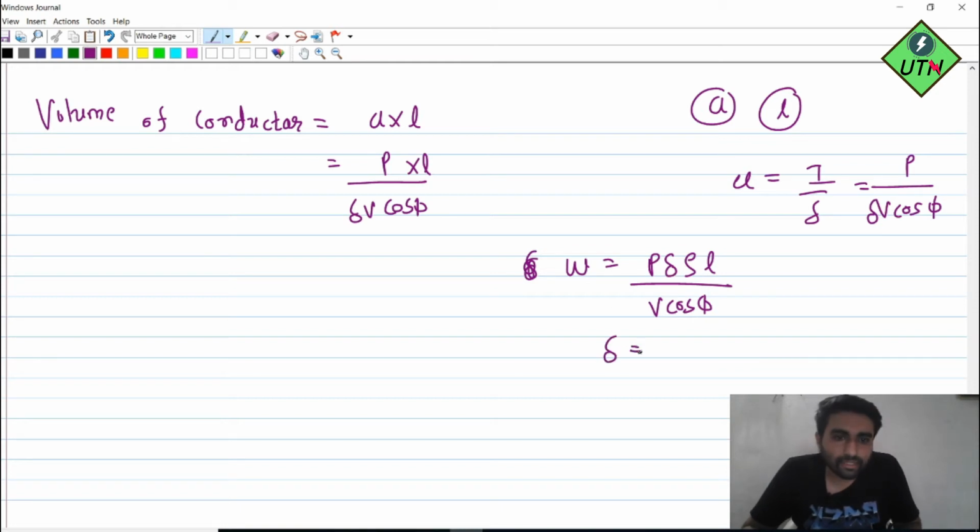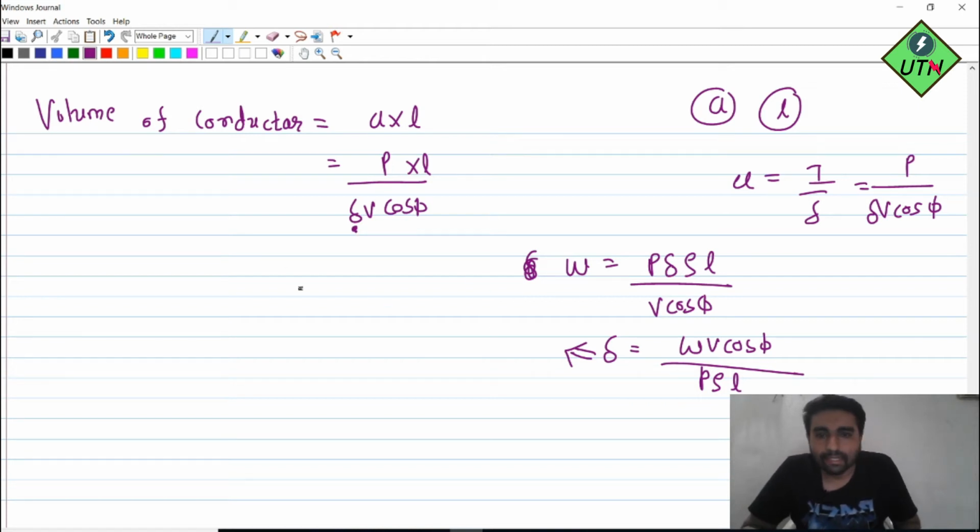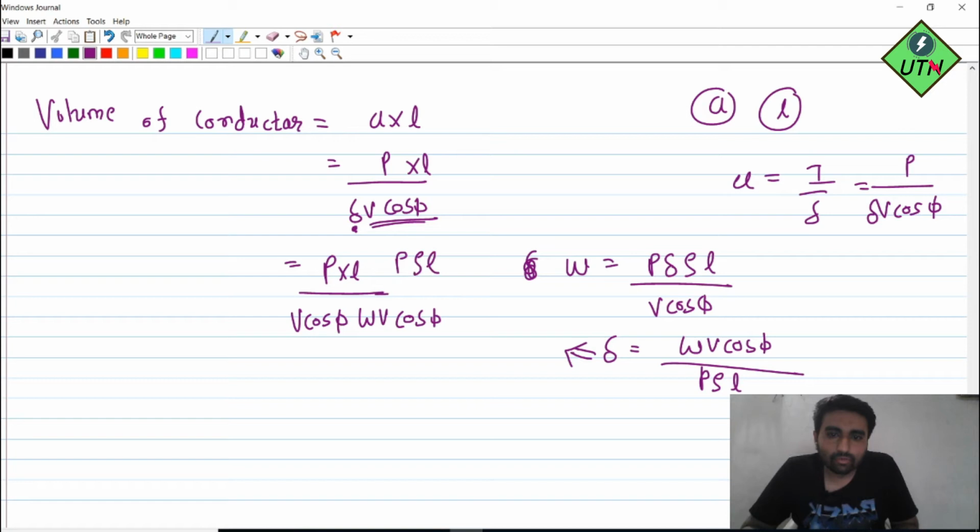So from here we can get delta, that is W V cos phi divided by P rho and L. If we put a similar value in this equation for delta, W into V into cos phi divided by P rho L, then in the denominator we have V cos phi, so we put V cos phi. Now we put the value for delta, so here we put W into V into cos phi, and P into rho into L will go into the numerator.